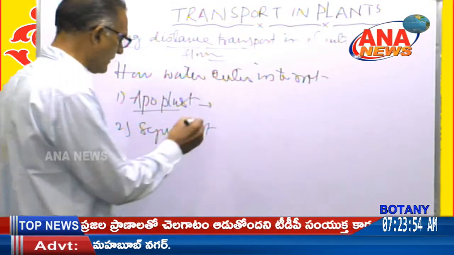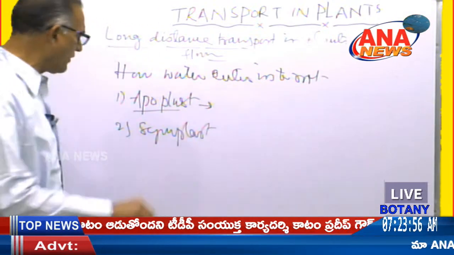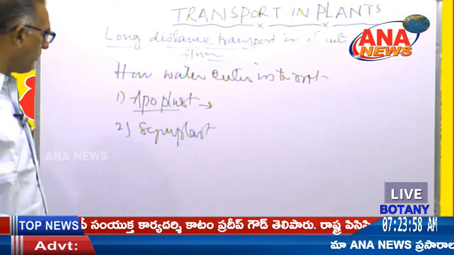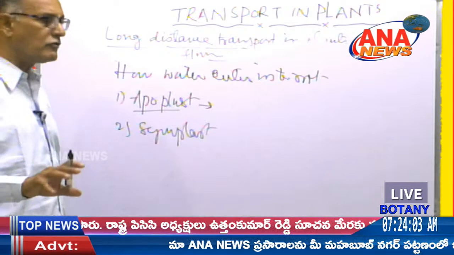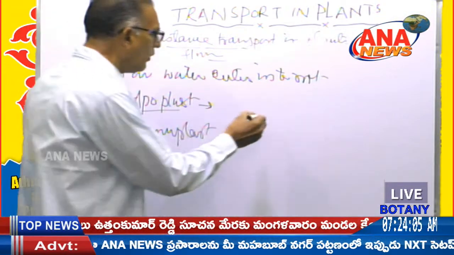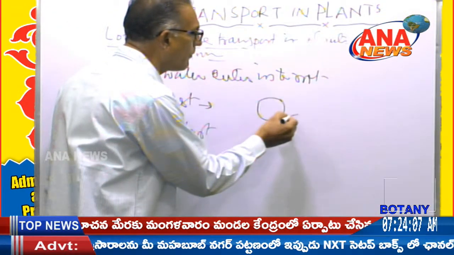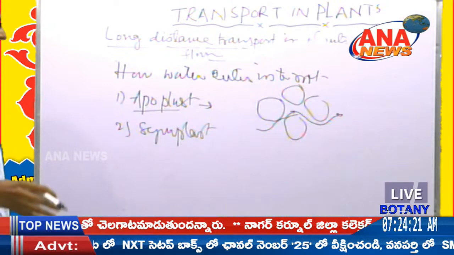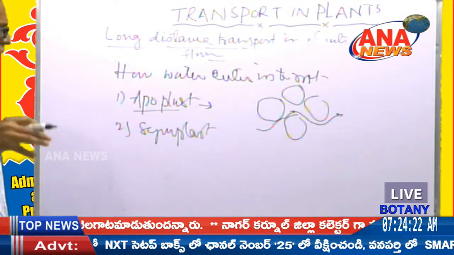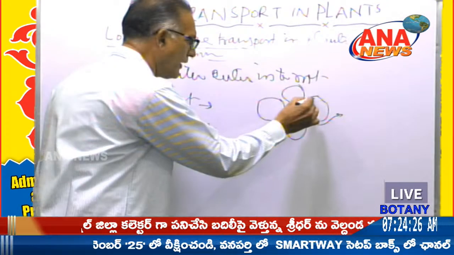In apoplastic movement, the water moves through the intercellular spaces and cell wall. In the apoplast system, the water does not cross the cell membrane. The apoplast is a non-living system.